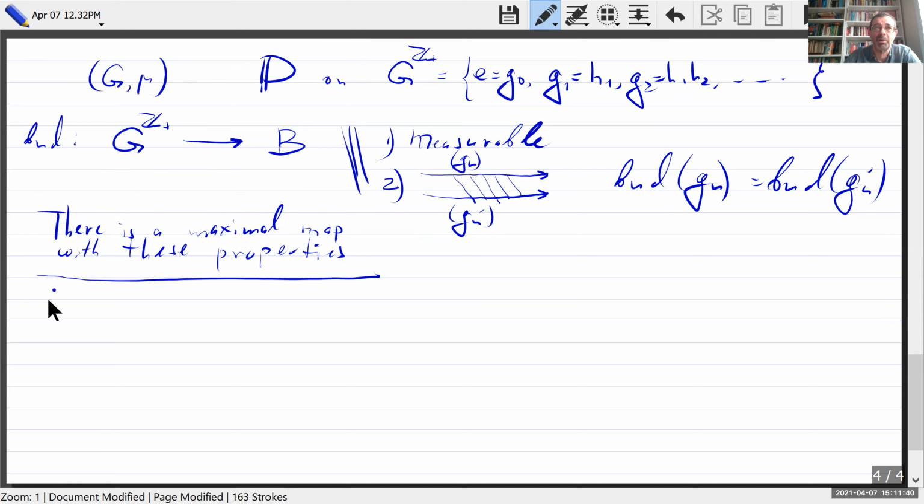So the quotient space, this is the, oops, sorry, Poisson boundary.